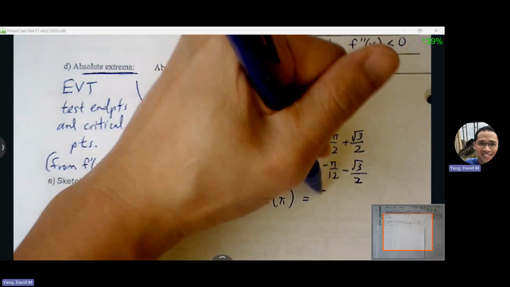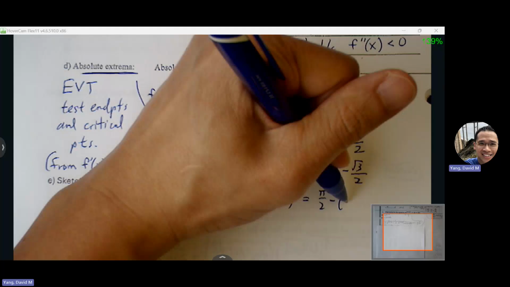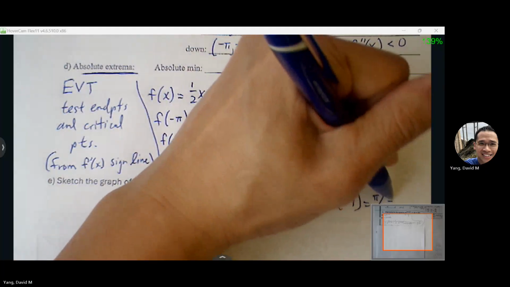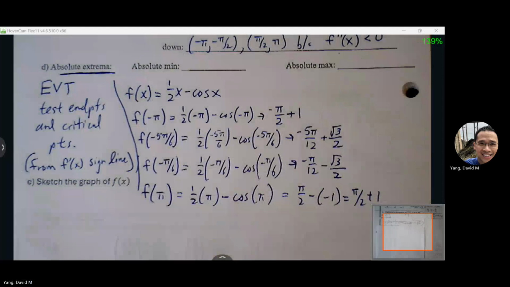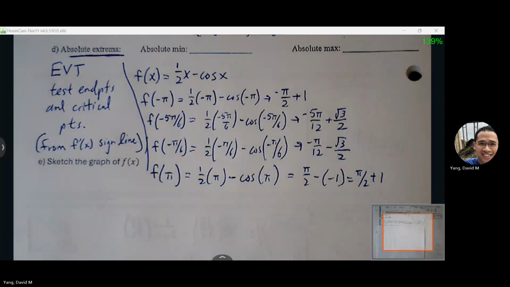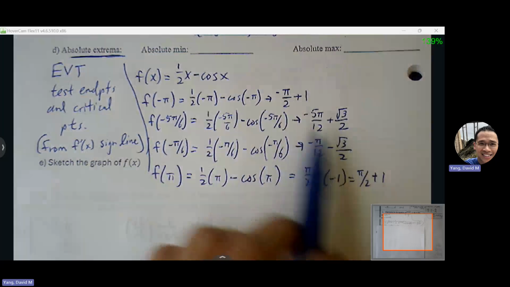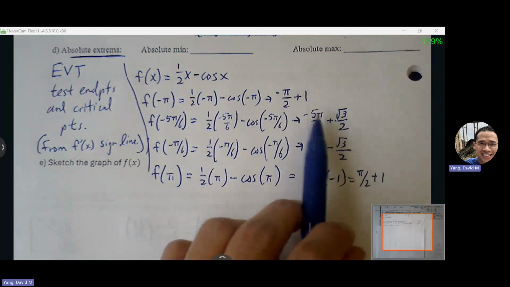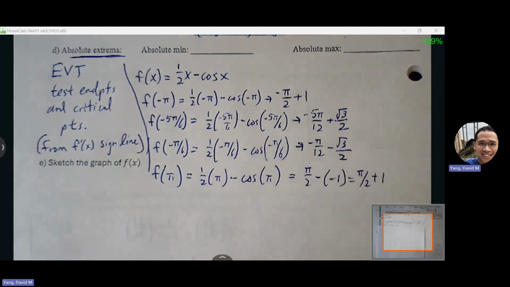Pi over 2 minus a negative 1. Okay, we have all the ordered pairs. Well, let's see. Now we can use our calculator to have some idea as to where these values are in terms of approximation.